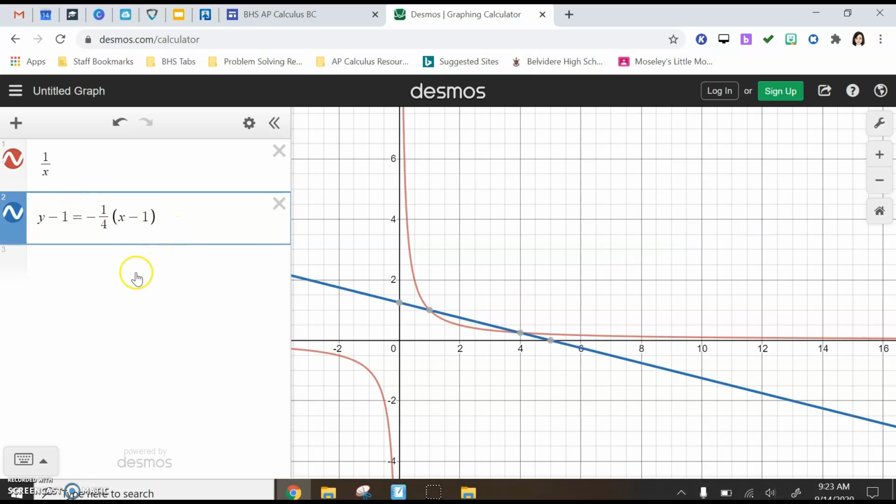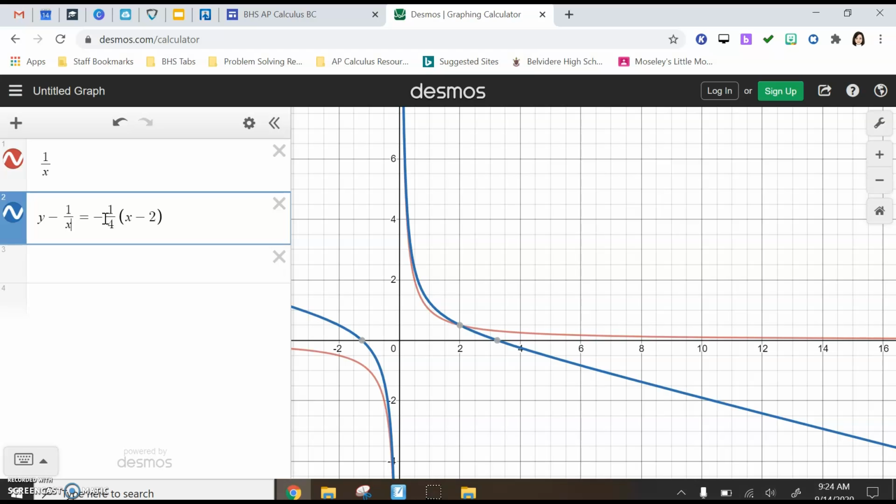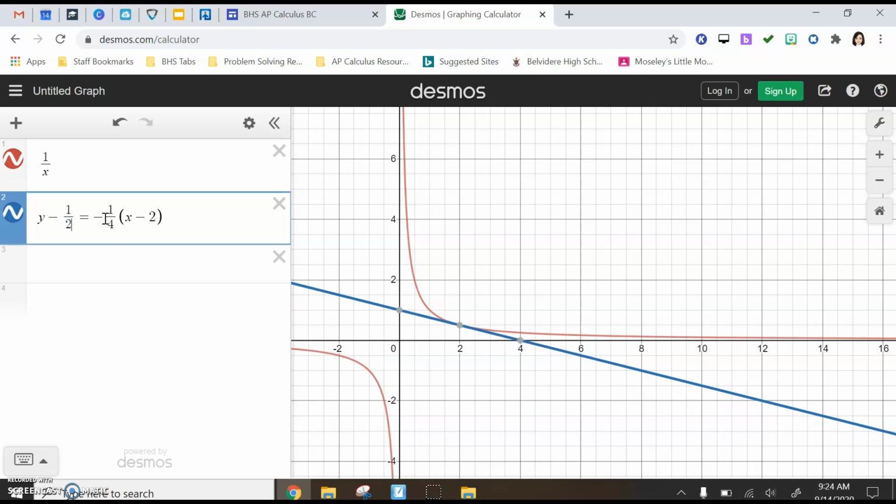So here is your sketch. And that doesn't quite work because I need 2 for my x value and 1/2 for my y value. I was looking at the wrong point there. Okay, so there's your graph, and you should be good.